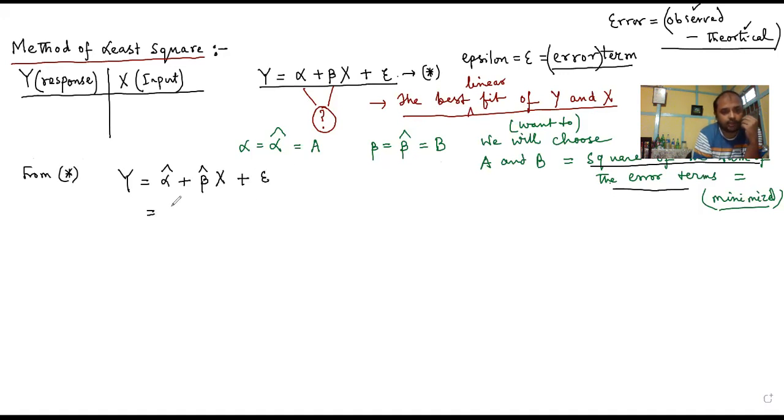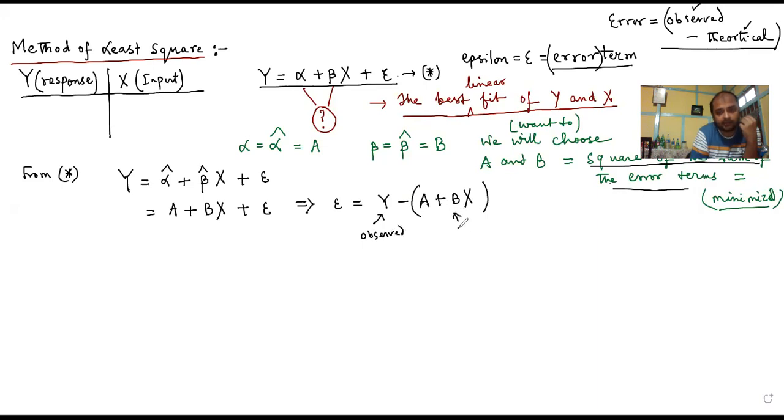Now, according to our choice, the estimate of alpha is A, the estimate of beta is B, and the error term is this. This implies the error term can be expressed as y minus (A plus B X). So y is the observed value.